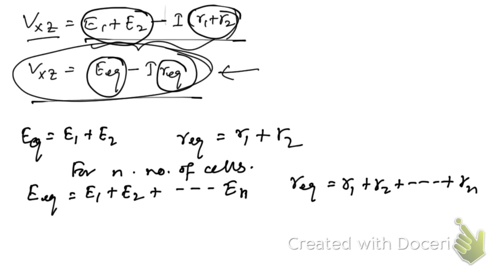We can get this. Now let us discuss the parallel combination. Let me clean these things. Suppose we have two cells, connected in parallel instead of in series. Its EMF is E1, internal resistance R1. Another cell has EMF E2 and internal resistance R2, right?